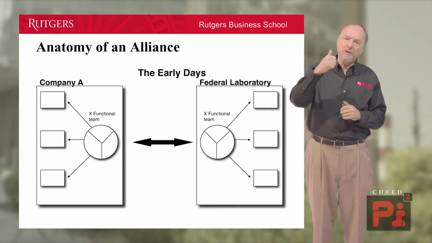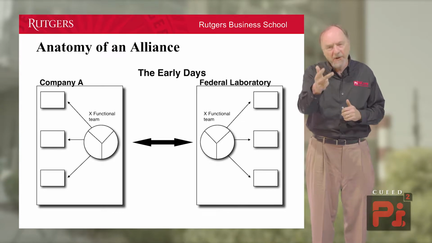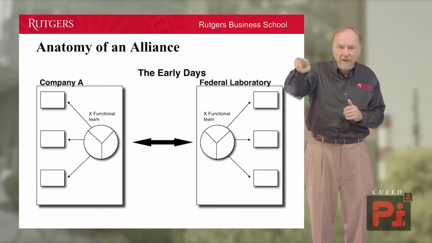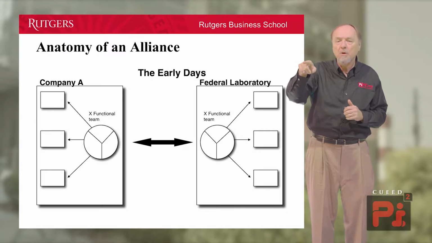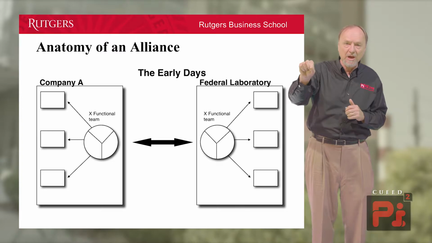First of all, Company A, the big box in Company A, those little boxes inside the big box represent groups that will provide critical resources at critical times. So one will be your technology group, another one might be your marketing group, one might be your legal, whatever it is. You fill in who those boxes are. The circle there, the little pie chart, represents the cross-functional team inside each company.